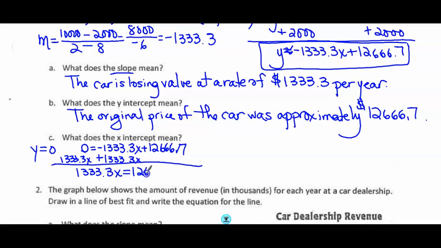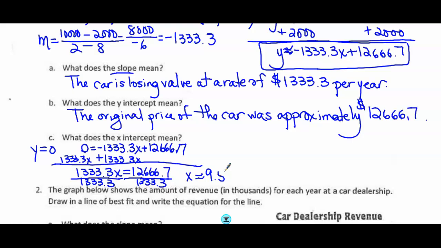And then I'm going to divide both sides by 1333.3. When you divide, you get x is approximately 9.5.